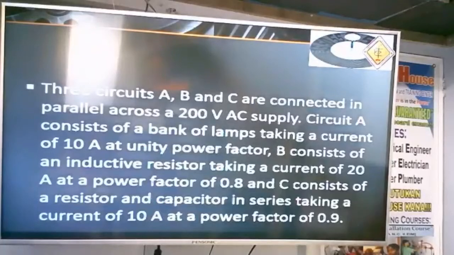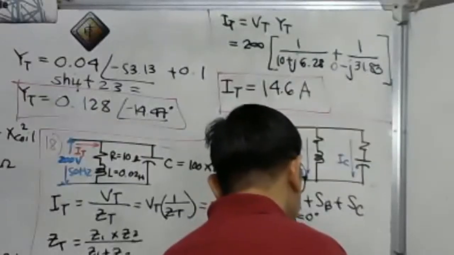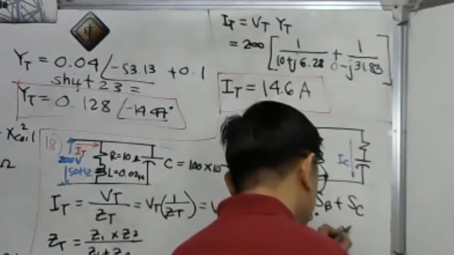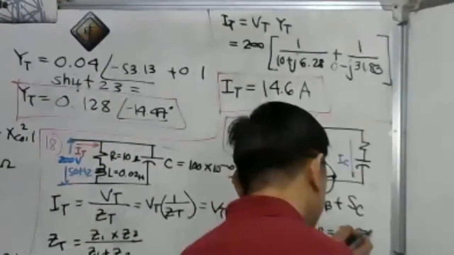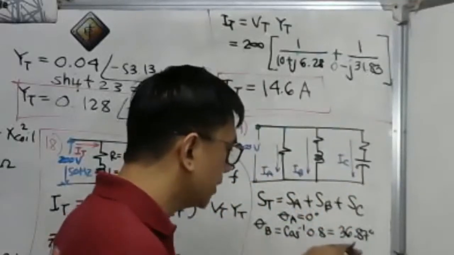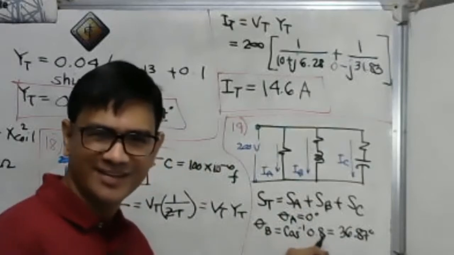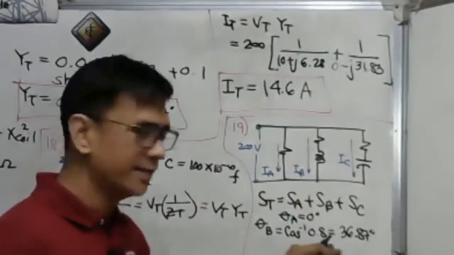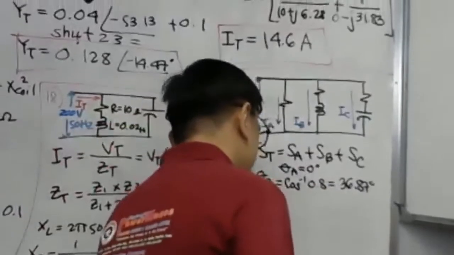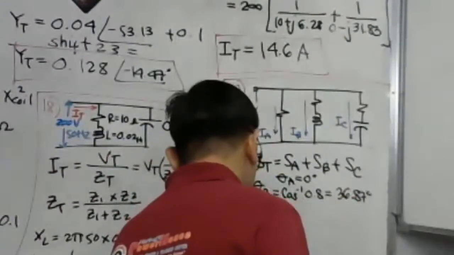Arc cosine of 0.8 is 36.87 degrees. Always memorize this. This is the most popular power factor in board exams. You're going to use it until power systems.